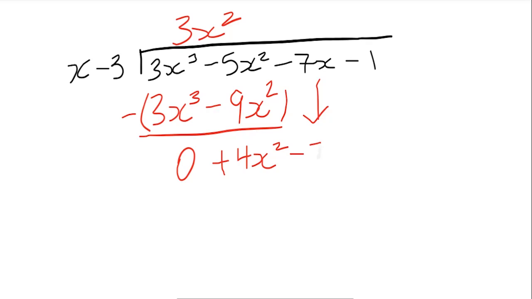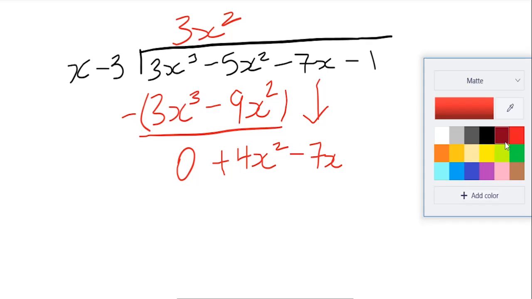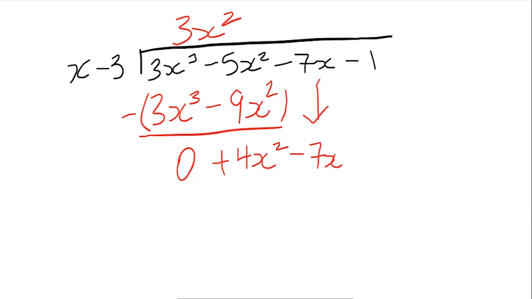So minus 7x. Now you want to see what value multiplies with x to give us 4x squared, so that we can now get rid of that term, right? So let's do it. We get plus 4x. So 4x times x, we get 4x squared.